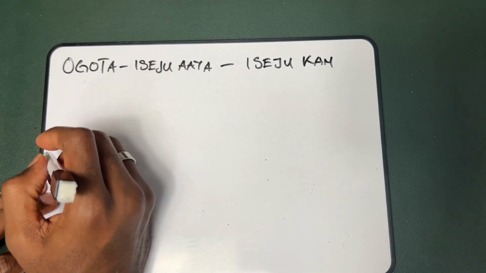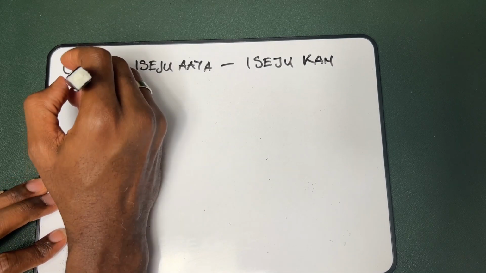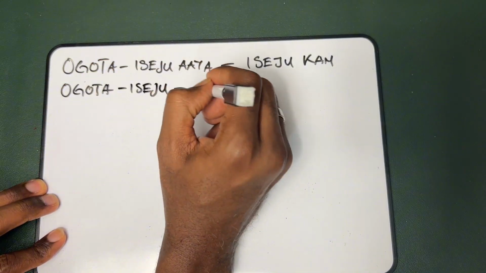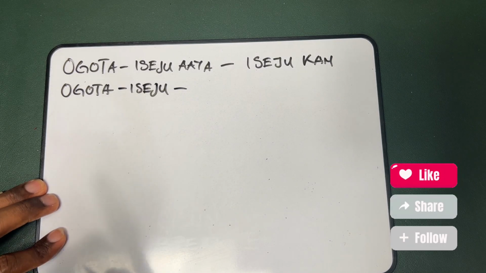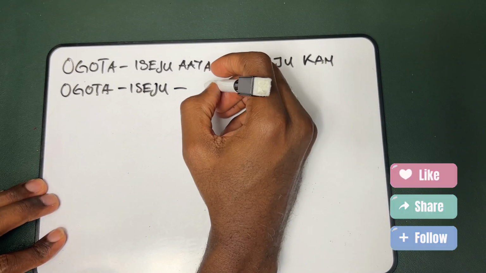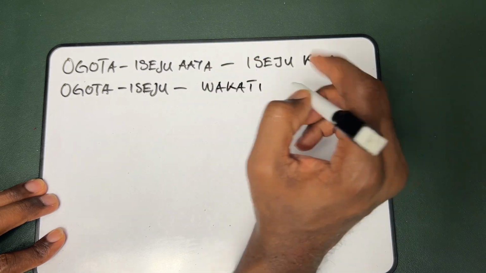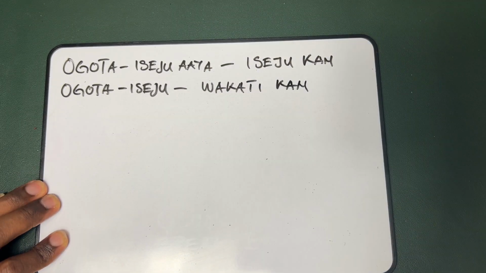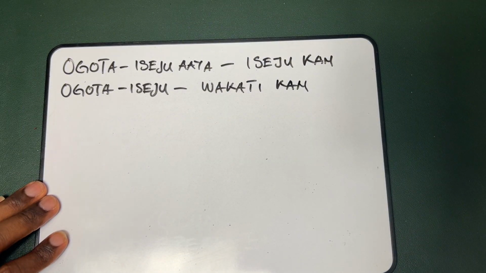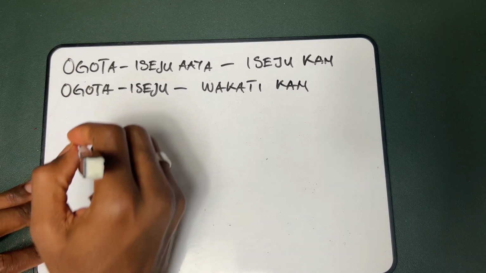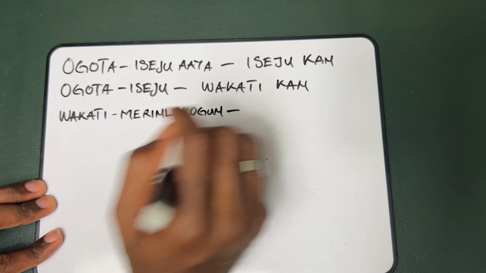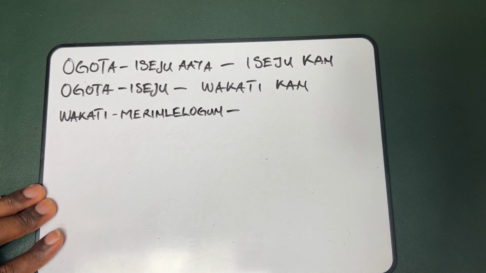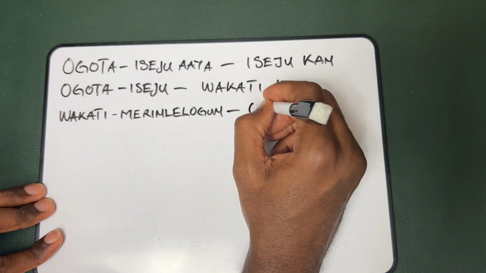And then when you have 60 minutes, so that's ọgọ́ta ìṣẹ́jú, 60 minutes will give us 1 hour. So that will be wákàtí kan. So 24 hours will give us 1 day. So that will give us ọjọ́ kan.